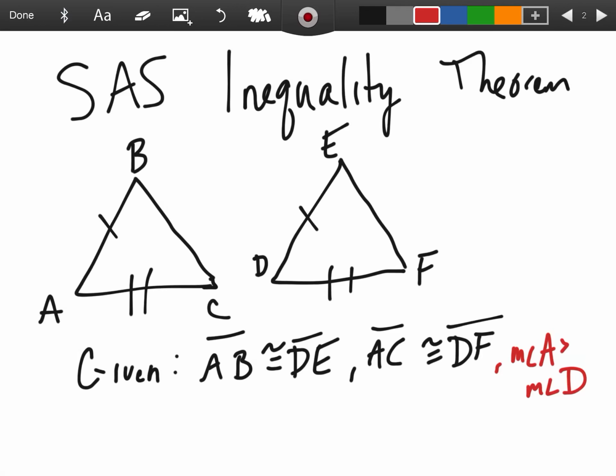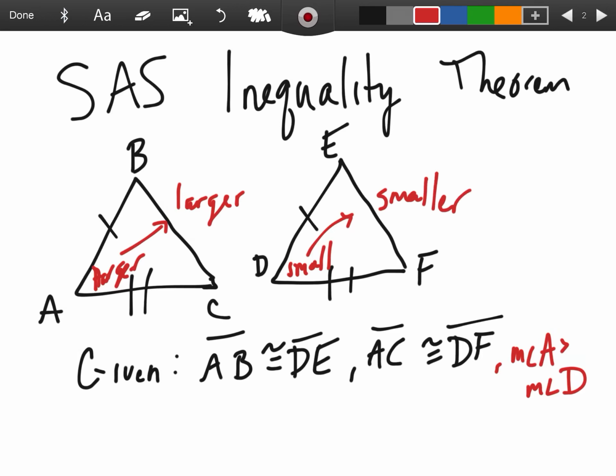If that is the case, this is where the side angle side inequality theorem tells us that if this angle is bigger than this one here, if I say this one is the smaller one and measure of angle A is the larger one, what that tells us is that the side opposite angle A, in this case BC, is going to be larger than the side opposite the smaller one.